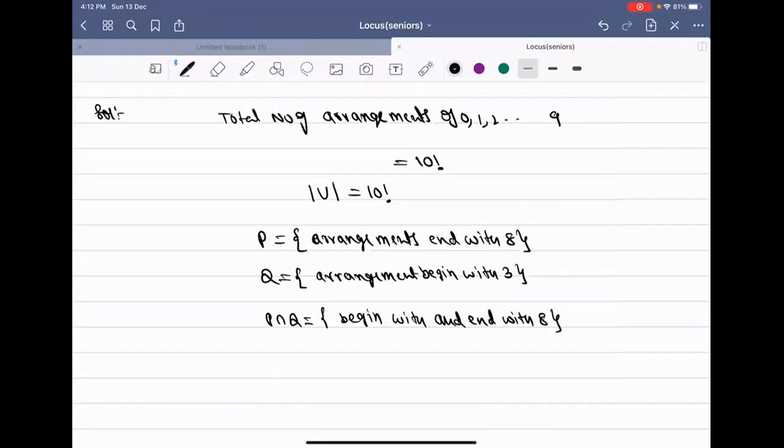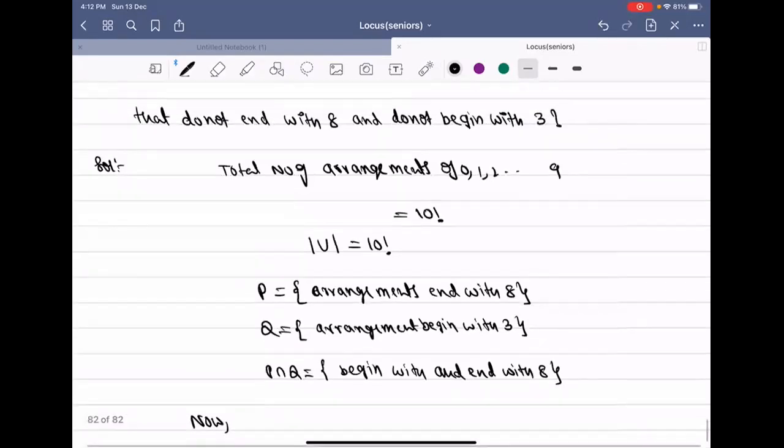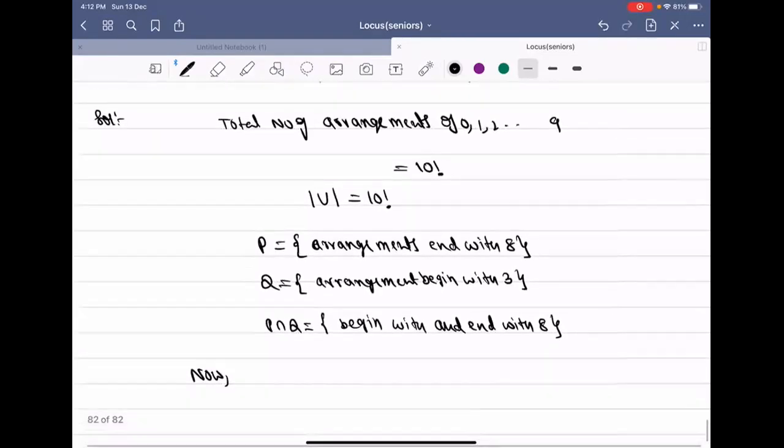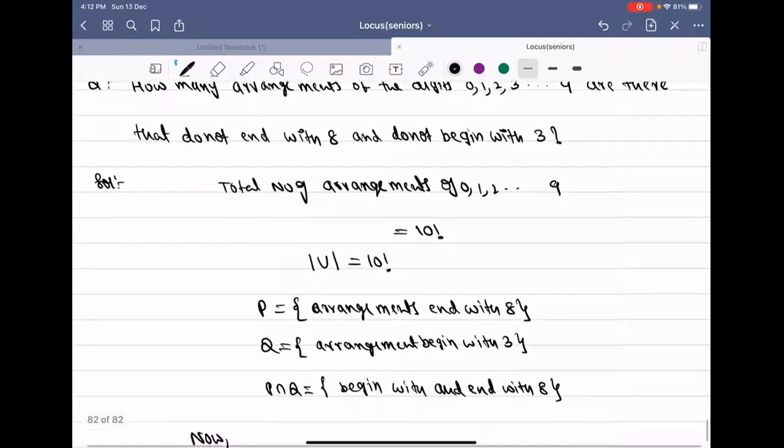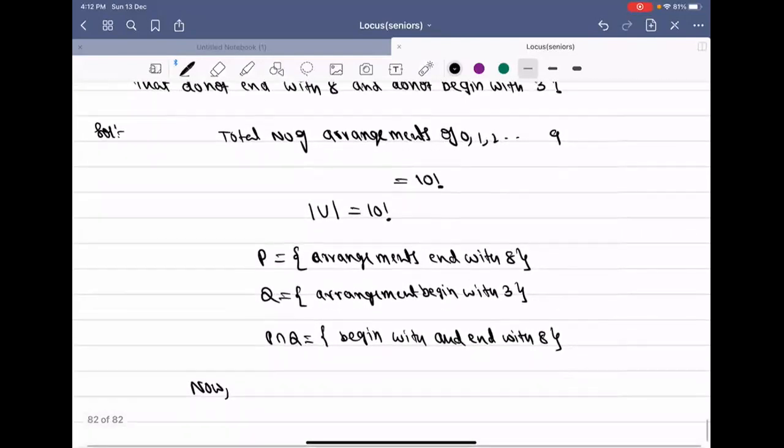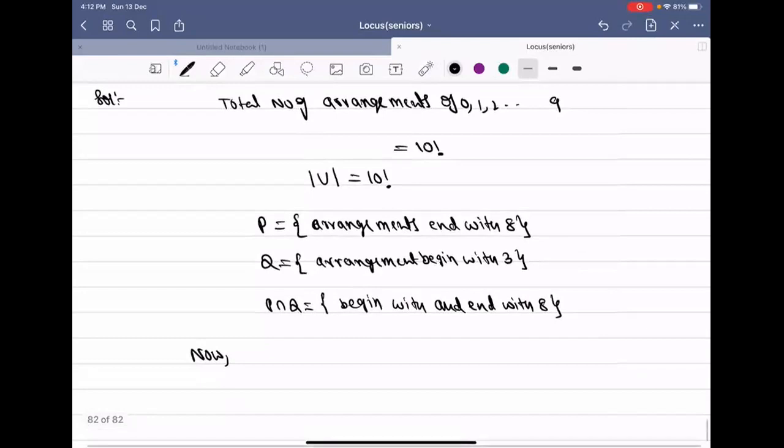But our requirement is what? The question is: do not begin with 3, and do not end with 8. Do not end with 8 is P prime, and do not begin with 3 is Q prime.